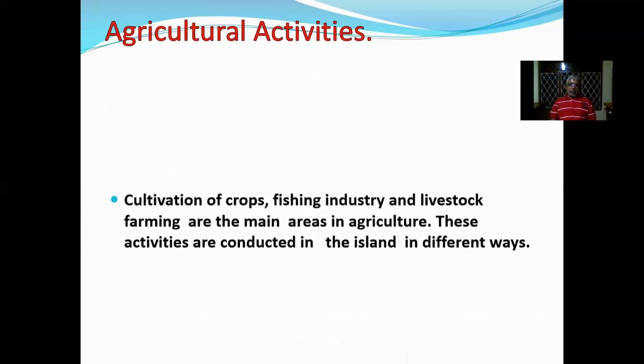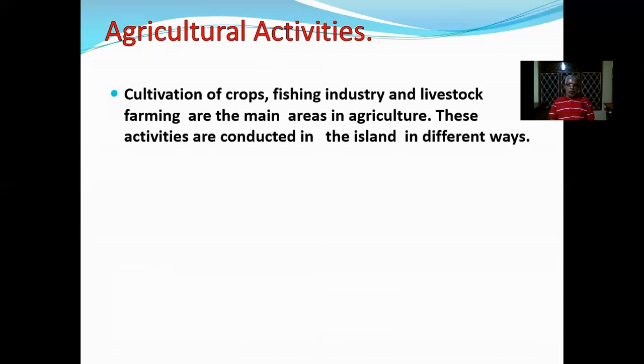Then you can read on your screen: cultivation of crops, Boga Wagawa in Sinhala, fishing industry, Divar Karmante, and livestock farming, Satun Nathikiriya. Another term used for livestock farming is animal husbandry. Keep both terms in mind. Animal husbandry is one of the main areas in agriculture.